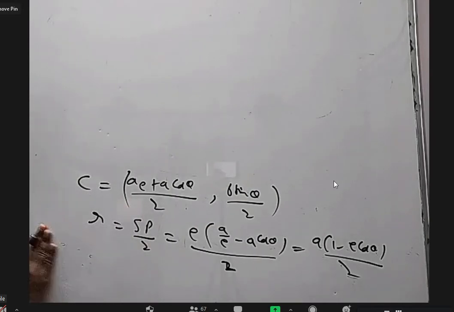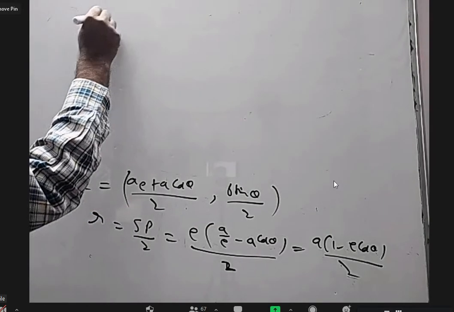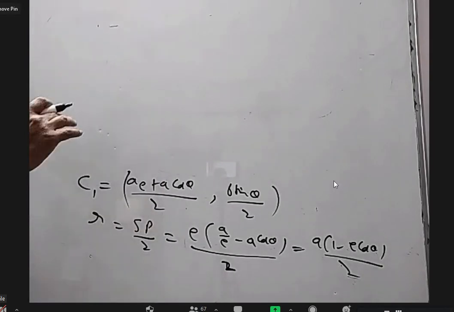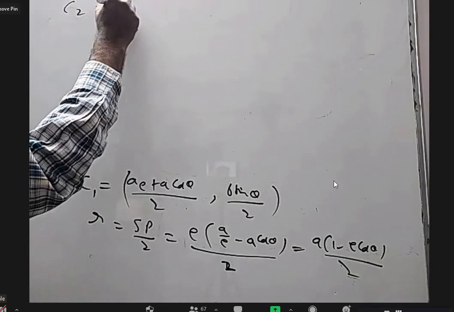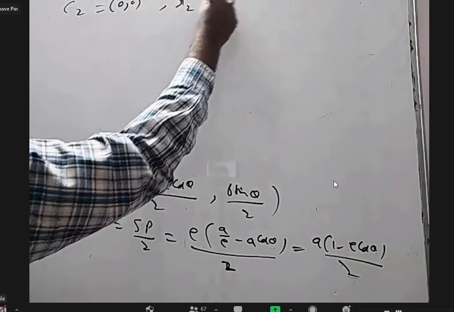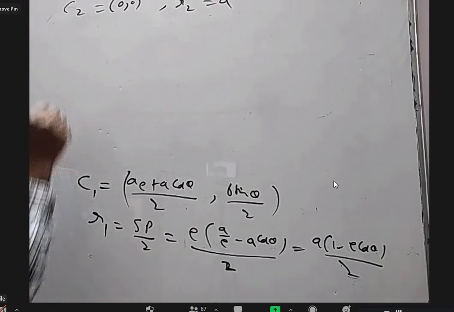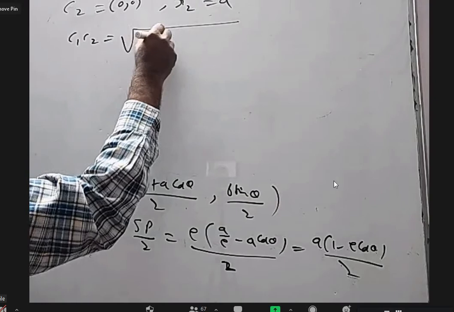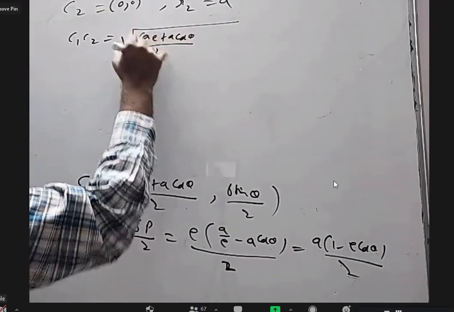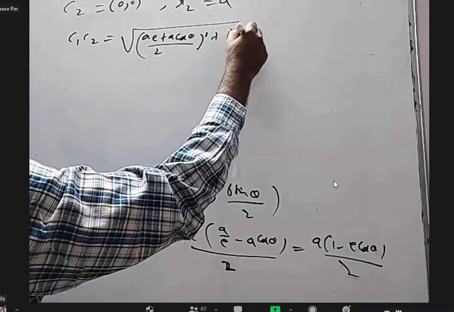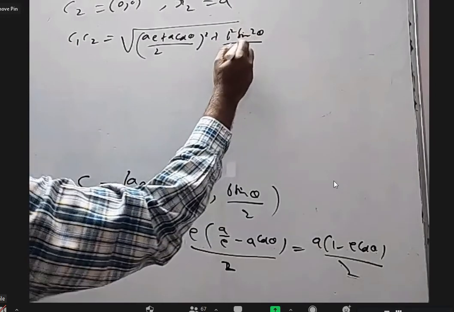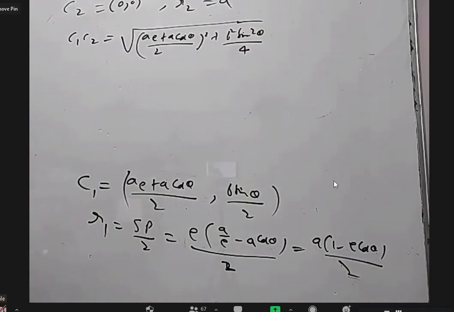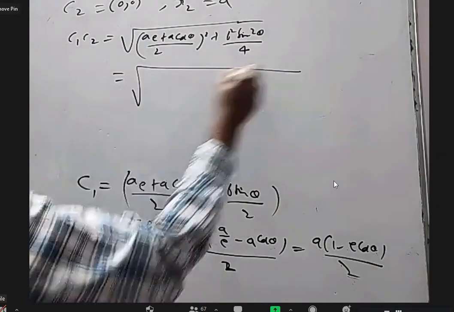So I want to find the distance between the centers, which I can even call C1. For the other one, C2 is origin and the corresponding radius is A. This is R1. C1C2 is root over ((AE plus A cos theta)/2) whole square plus (B square sin square theta)/4. Let me see if I can simplify this.